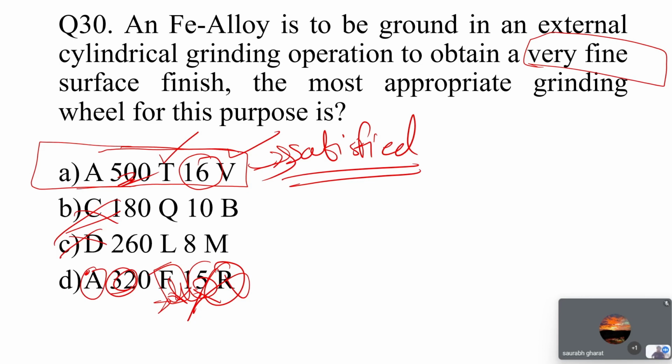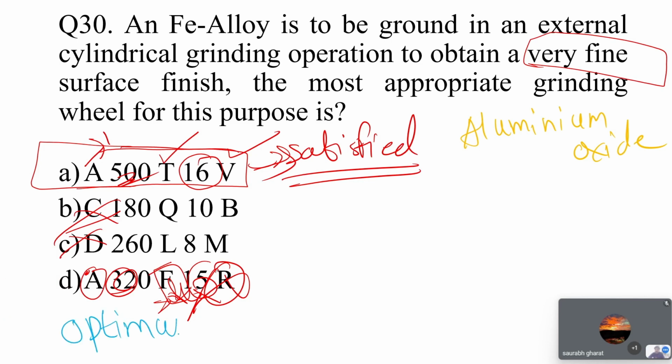What are the concepts that we must apply here? We have ferrous alloy, so we must use aluminium here. Why? Because again, I told you the most important concept is that you must go with optimum cost.